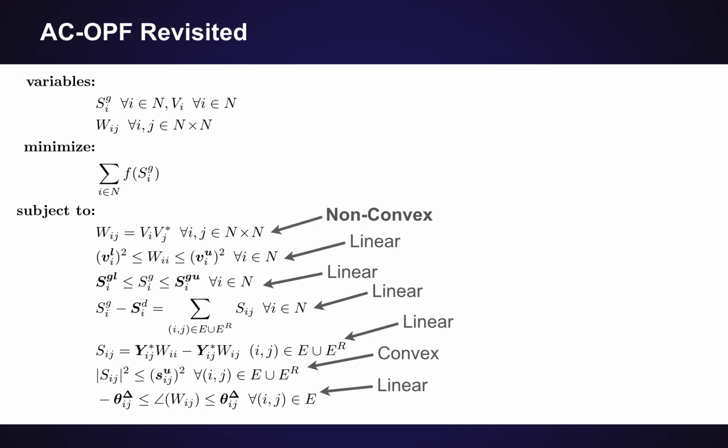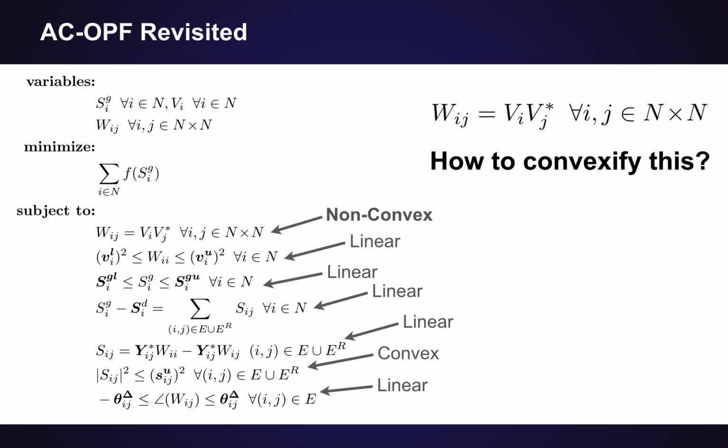So really now all the non-convexity in this problem is inside this equality constraint that describes the mapping from the variable W to the voltage variables. So the question that now arises is, how do we convexify this constraint?